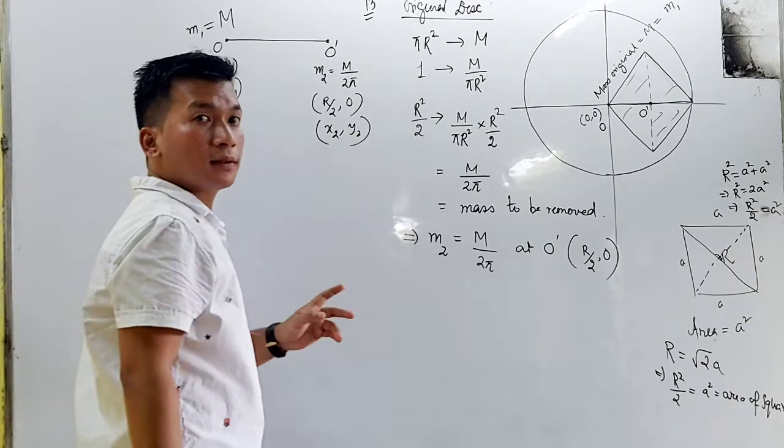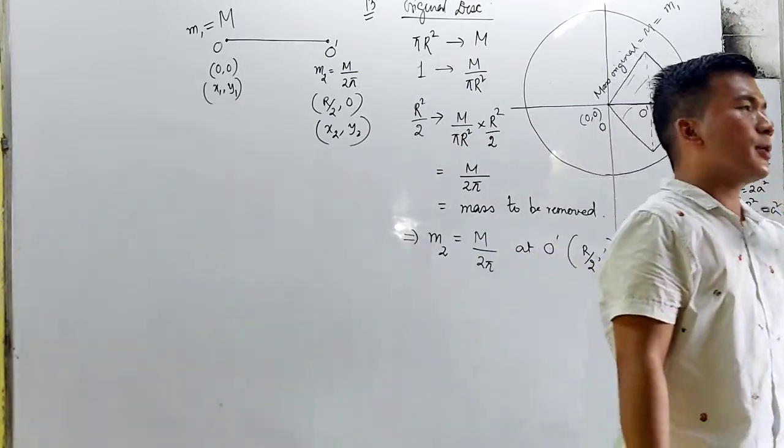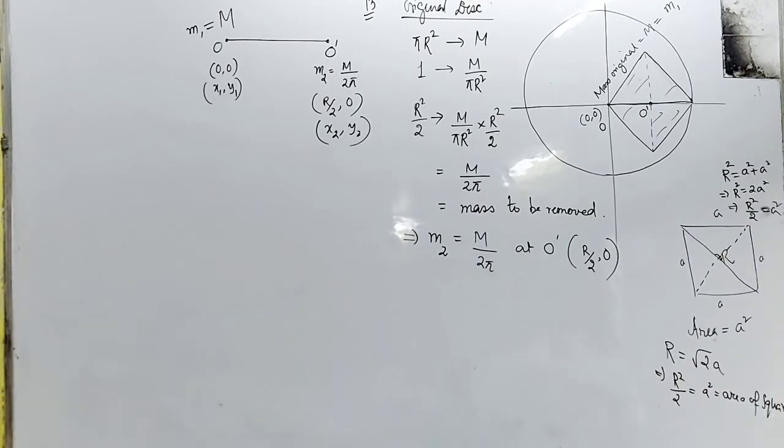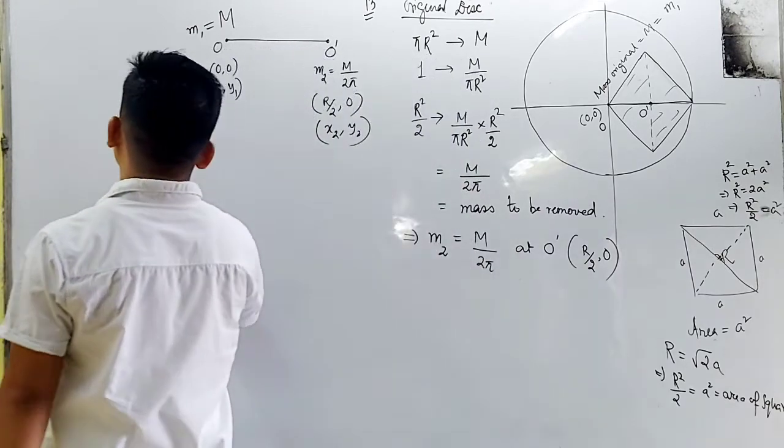Understood? Basically there are two steps. First step, you have to sort out the mass that is to be taken out and where it is located. This is the second step, and we have to apply the formula.